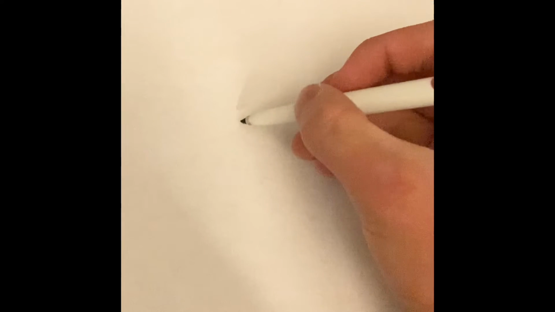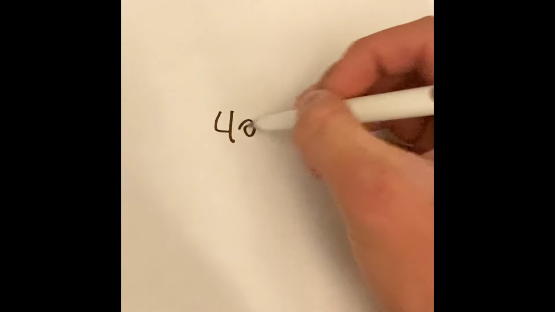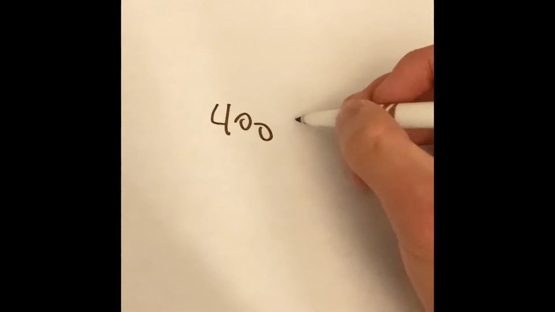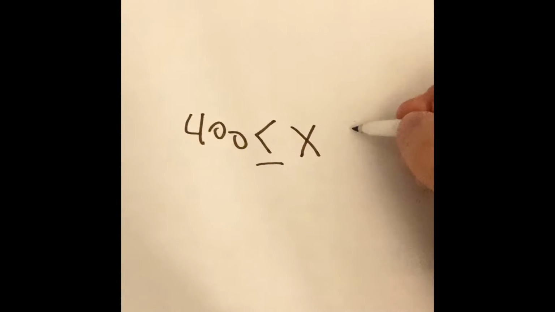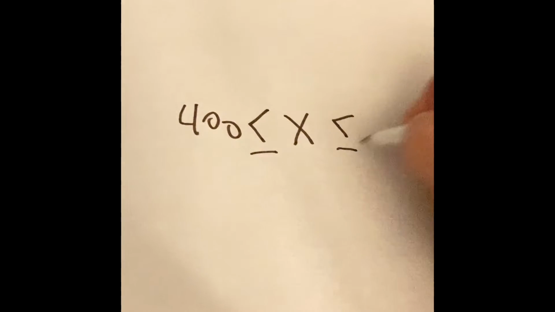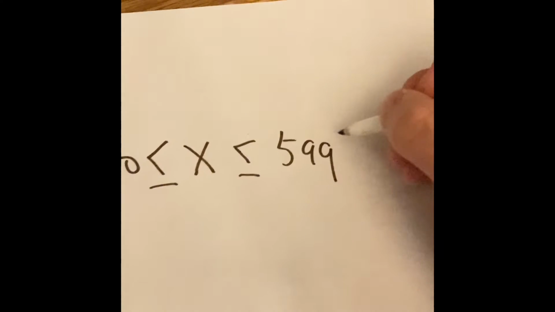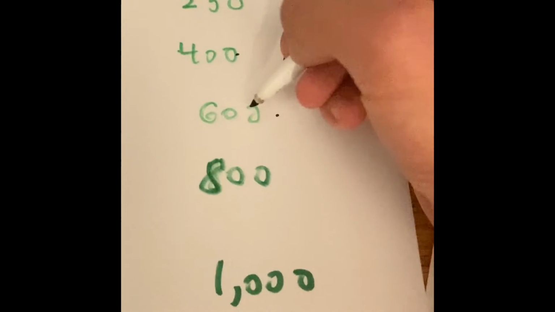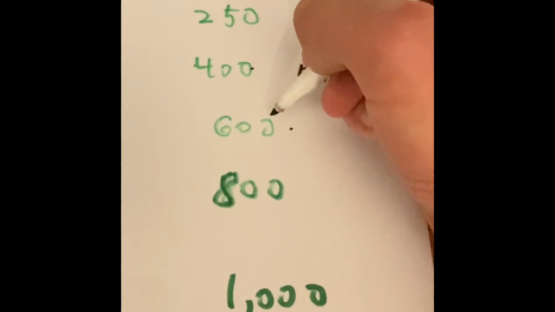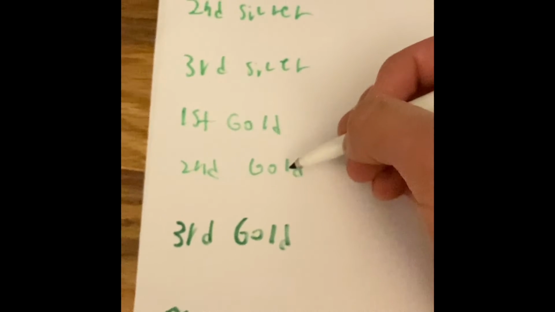So, for an inequality, we're going to say that 400 is less than or equal to X, which is less than or equal to 599. The reason why 599 and not 600 is because if you get exactly 600 points, then you would get a 2-star gold medal.